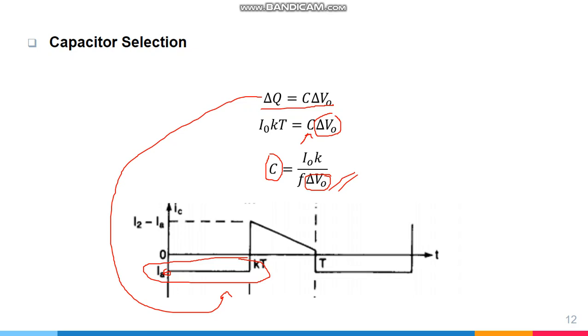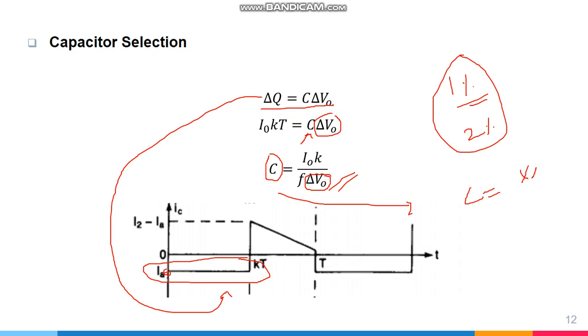That is, either it is given to you to design a capacitor such that at output you only receive 1% ripple or 2% ripple. So one scenario is this, and another scenario can be that you are given a capacitor of some x microfarad, and you are asked to calculate this ripple that will appear at output.